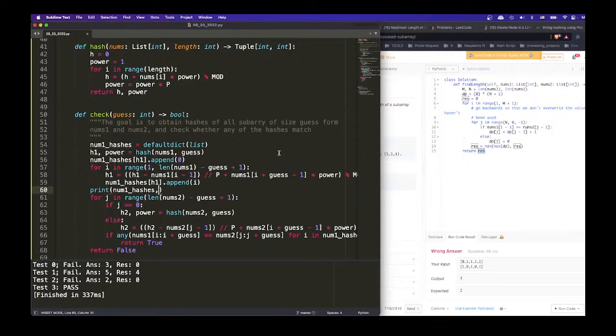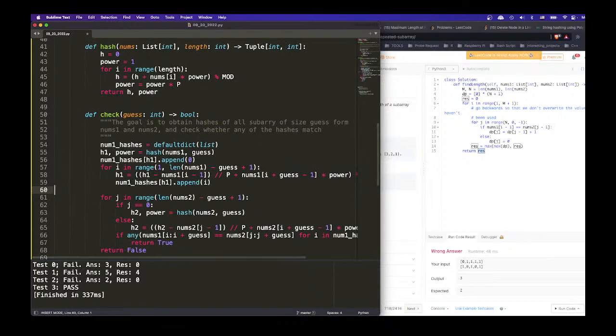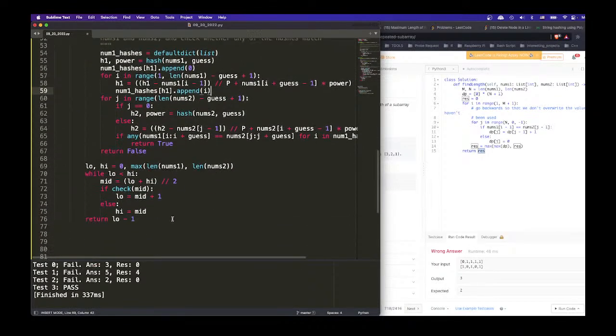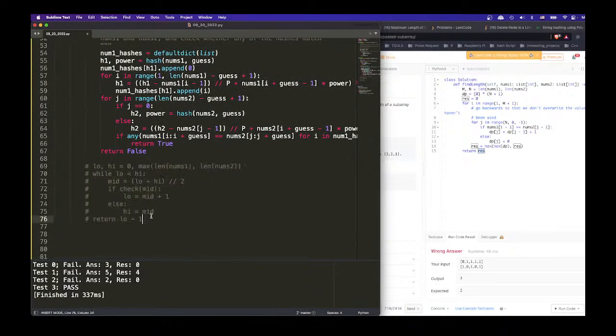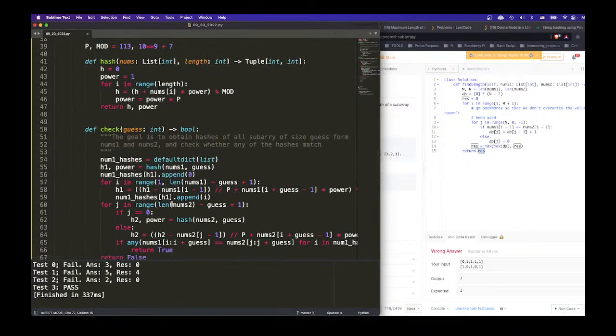You know what? Why don't we, I don't know. Let's say print hash.